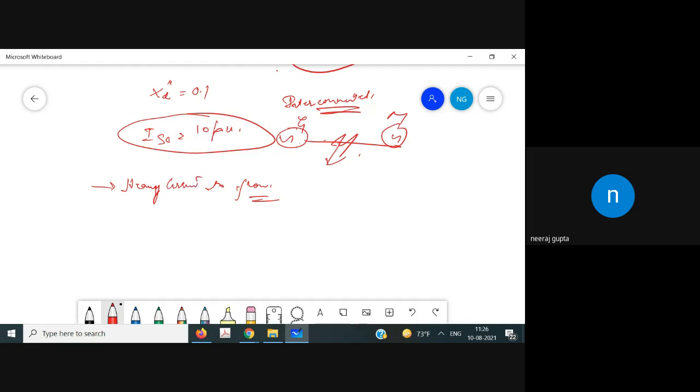And if this current exists even for a short period, it will cause extensive damage to the equipment that carries it, because the current is very large. We can also call this heavy current the overcurrent.